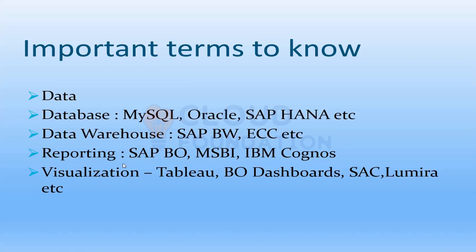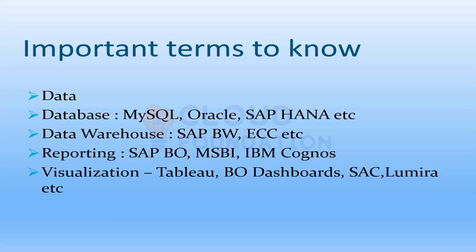Reporting, as we know, uses tools that are useful to create reports on top of the data and the schemas that we have created. Reports can be any finance report or sales report for this quarter. It can be anything. And reporting need not be only text. It can also have charts and more visualizations and control, input controls and all that.